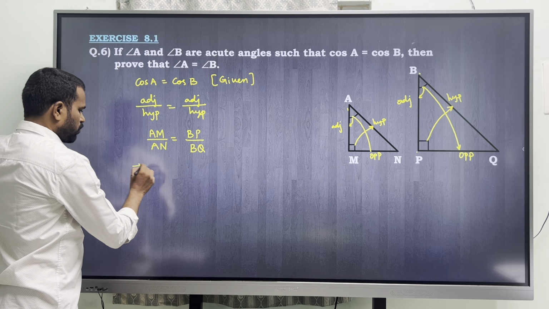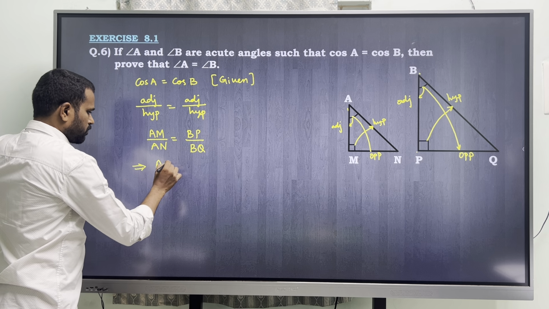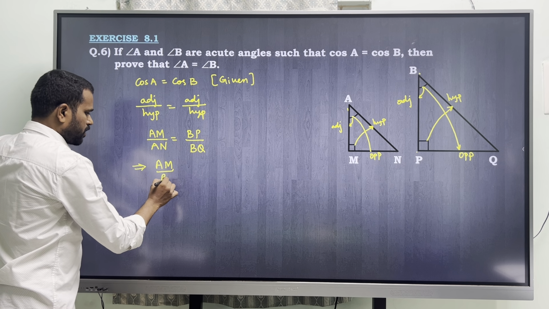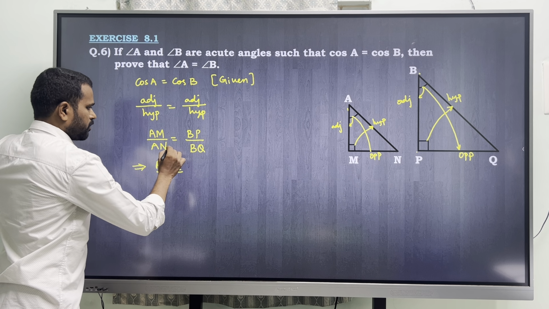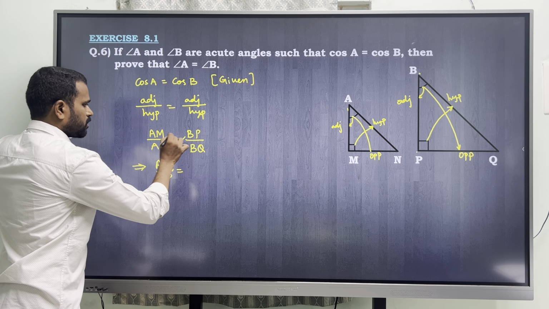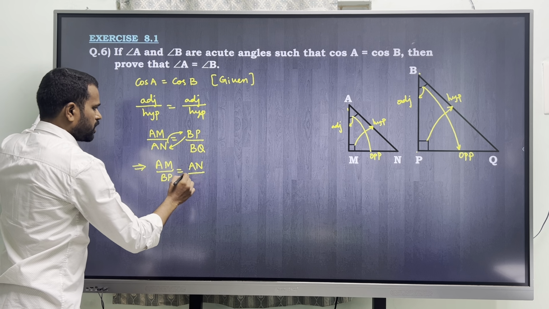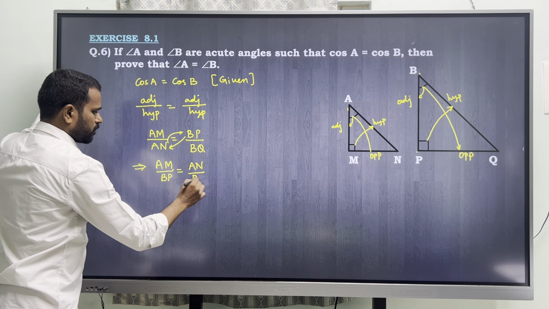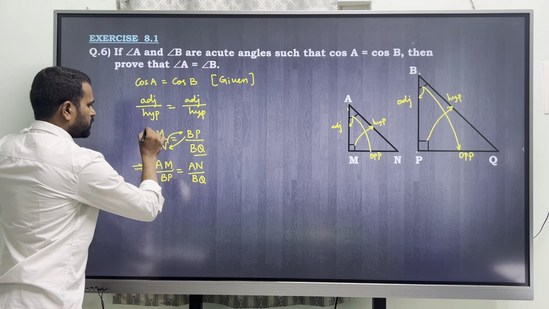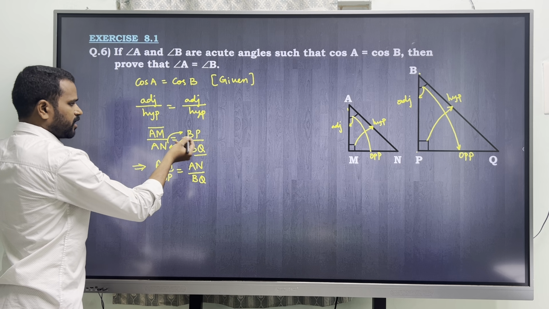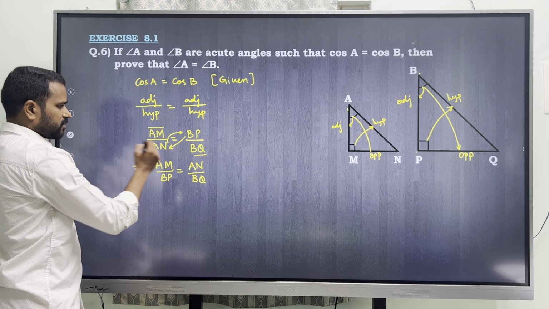Okay, let us rearrange this. So we can do AM, we will bring BP here and we will take this AN by BQ. This is unaltered. This and this we are not changing, only this we are taking to this side and this we are bringing to this side.